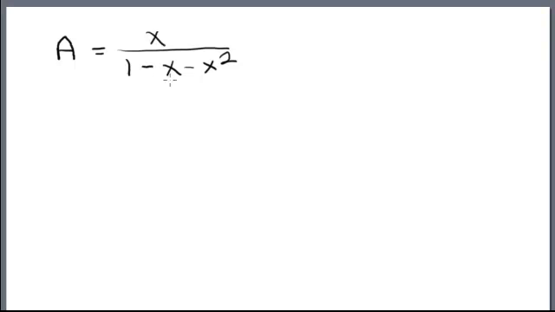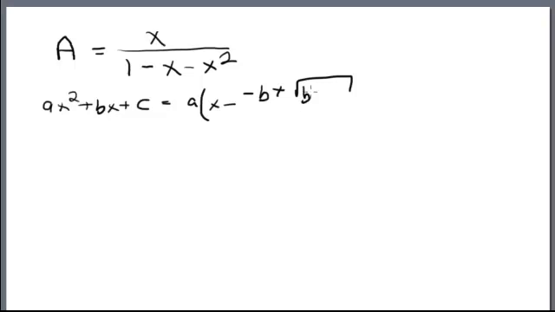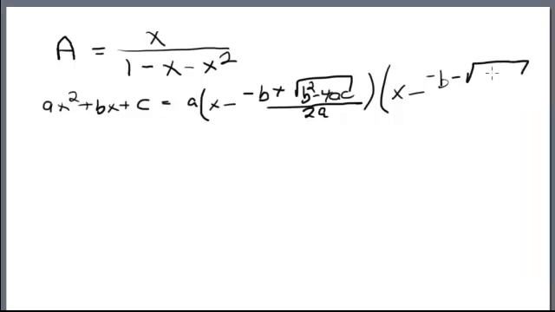So we need to factor the denominator. We're going to just use the quadratic equation, which is ax squared plus bx plus c is equal to a times x minus negative b plus the square root of b squared minus 4ac over 2a, times x minus negative b minus the square root of b squared minus 4ac over 2a.